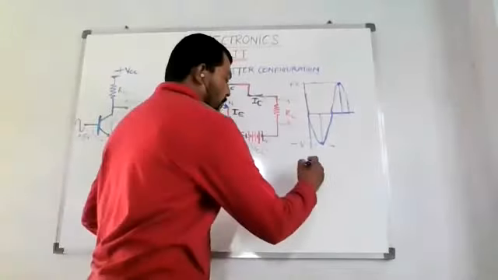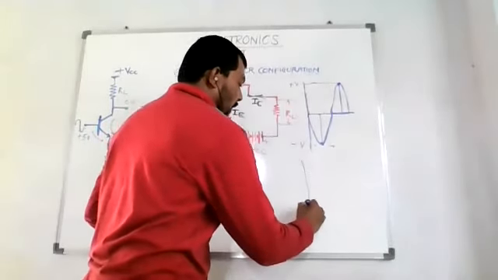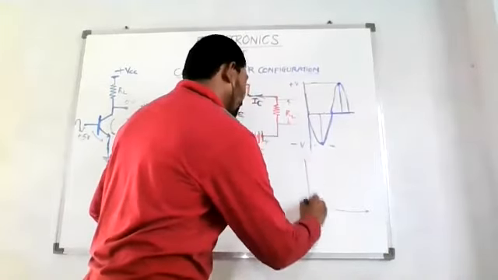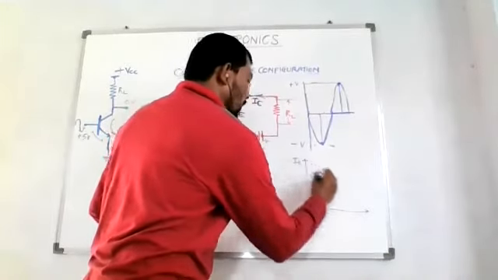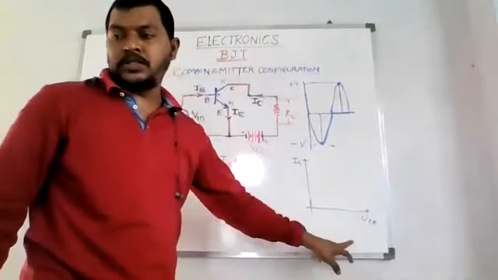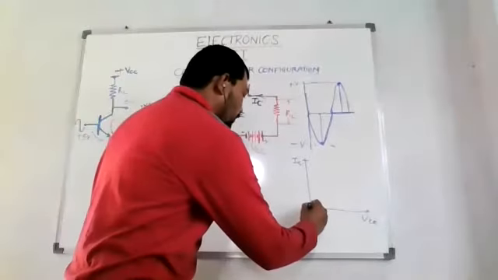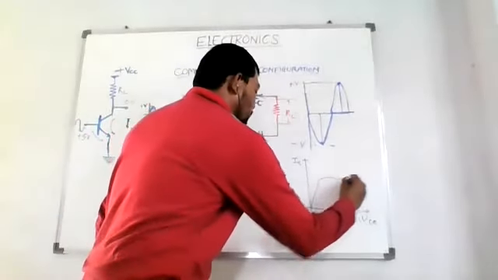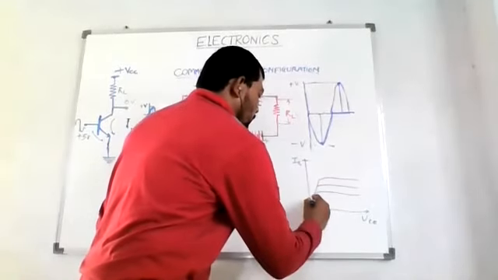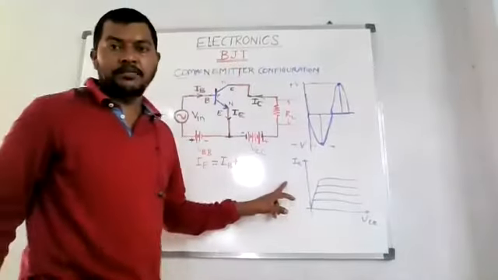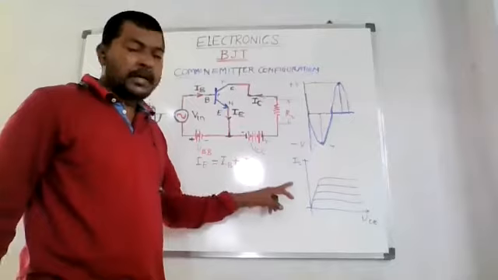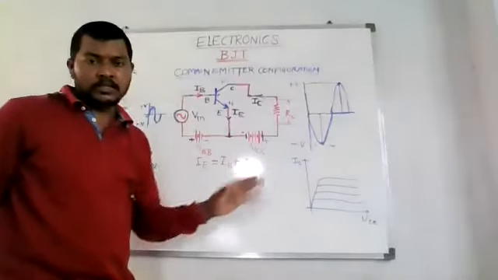If you remember, we have drawn a graph like this, with IC on the x-axis and VCE, the collector emitter voltage, on the y-axis. I guess you remember this graph. This was the output characteristics of the common emitter amplifier.